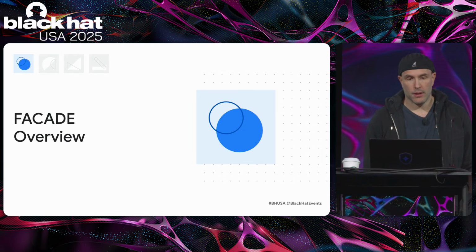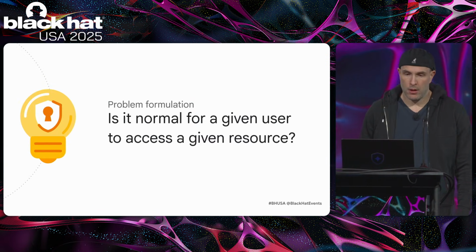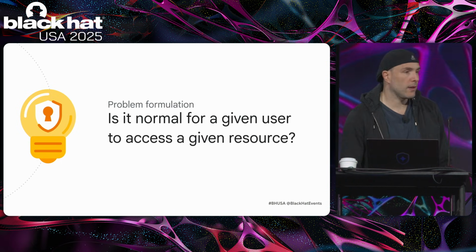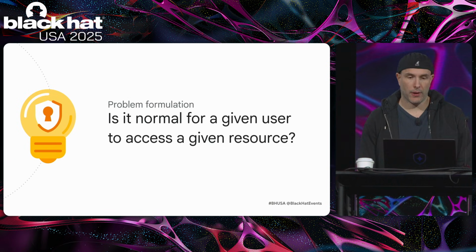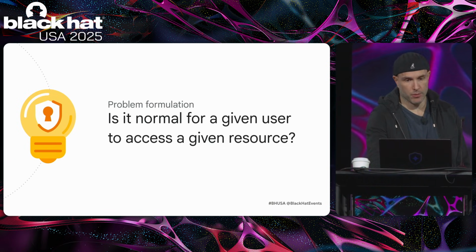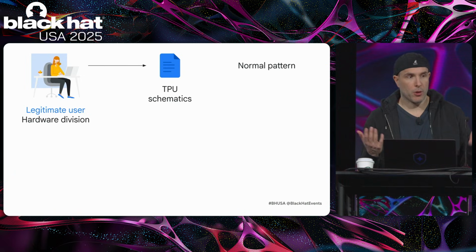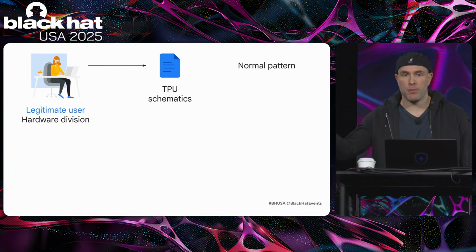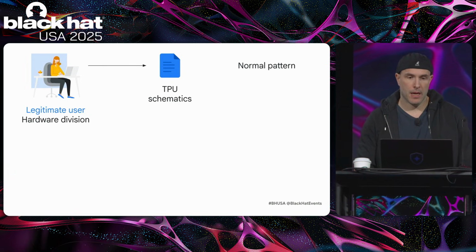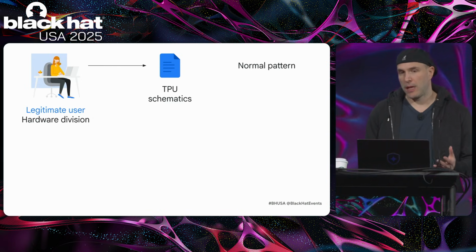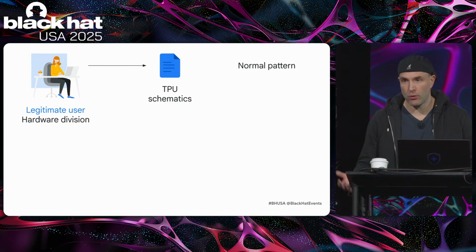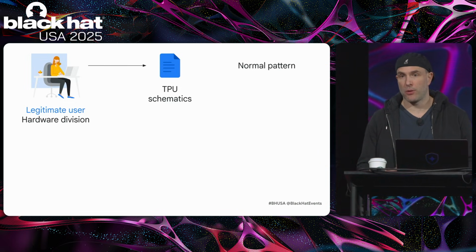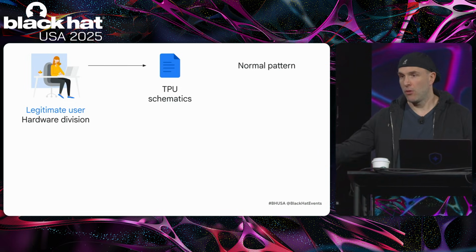So how does Facade work? The problem formulation we use is: is it normal for a given user to access a given resource? Let me give you a practical example. We have, for example, a hardware division at Google, which works on TPU, Pixel phone, and so forth. This division is supposed to access TPU schematics. It is normal for our hardware designers to access the schematics of the TPU as a basis of their role.